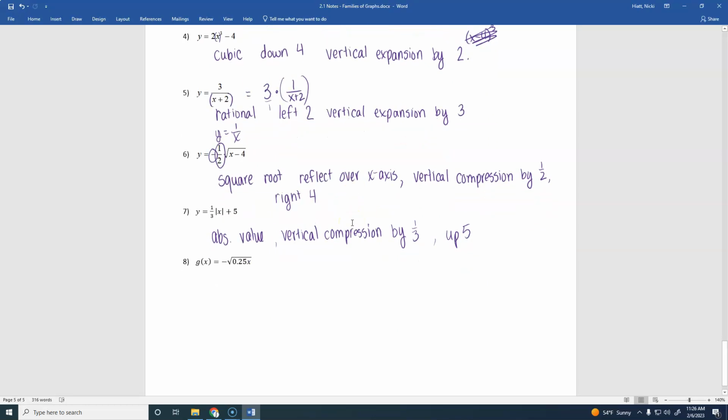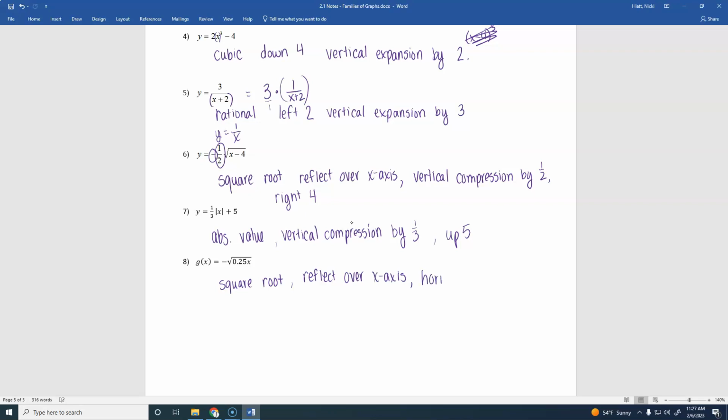Okay. Questions so far? All right, last one's a little bit tricky. You've got a square root. That negative out front is going to reflect over the x-axis. All right, I've got the 0.25. It's on the inside. What's that tell me?